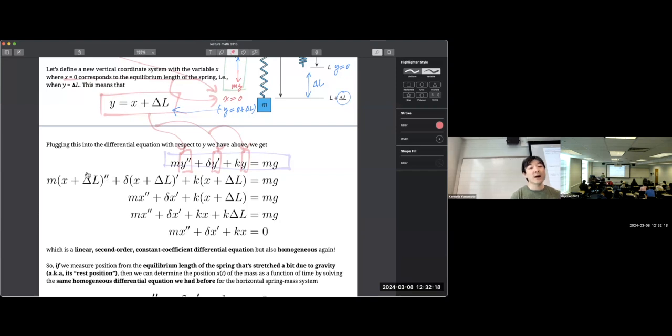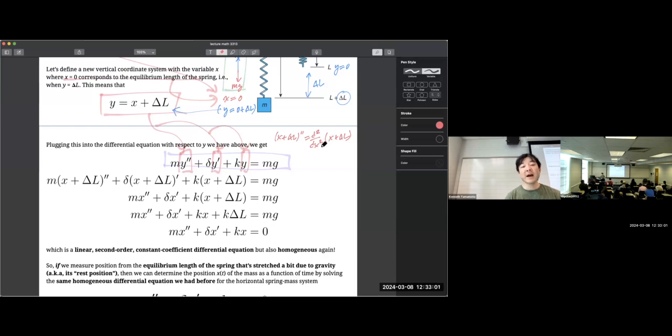Now, I'm literally plugging in y is equal to this into all the y's, and what do these mean? If you have, for instance, x plus delta L double primed, it's like saying take the second derivative of x plus delta L. So what does this mean? I just take the second derivative of x, because derivatives are linear operators, so you can apply it to the first plus apply it to the second one.